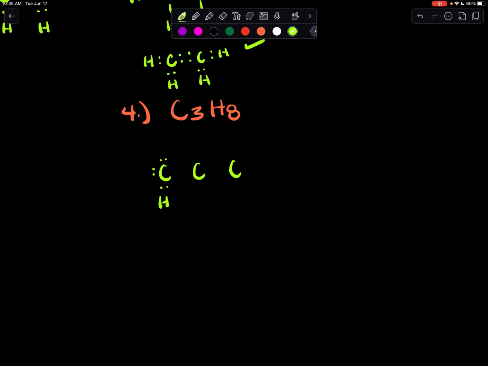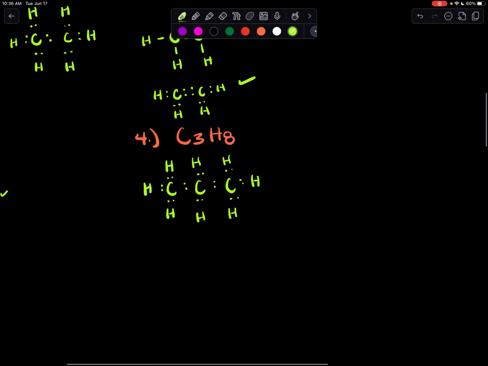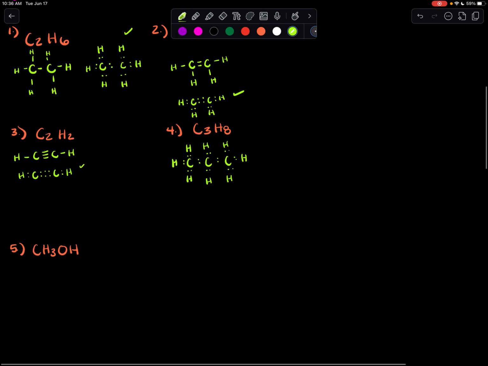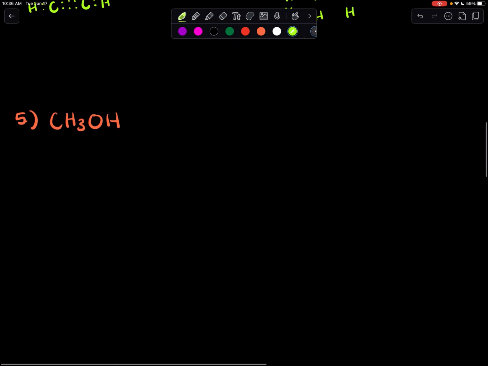Each double dot represents 1 bond. So I'm just putting my dots where they would be. And then that would be the Lewis dot representation. 3 at the top, 3 at the bottom, 2 on the side, that would be 8. And that is correct. Let's do the last one down here.